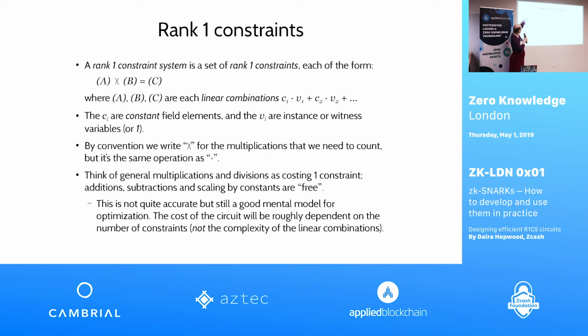Notice that doesn't really depend on the complexity of the linear combinations. So we could have an arbitrary complex thing here, here, and here, and it would still count as just one constraint. That's just an approximation of the cost model, but it's a pretty good approximation in practice.